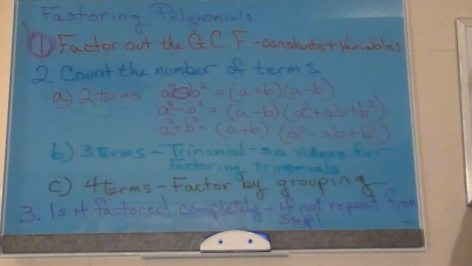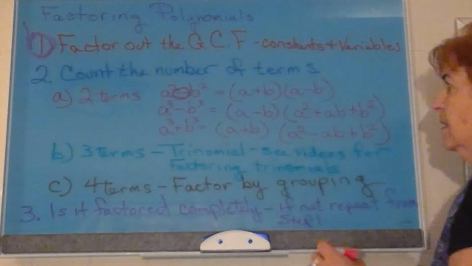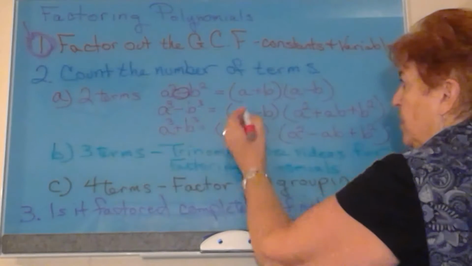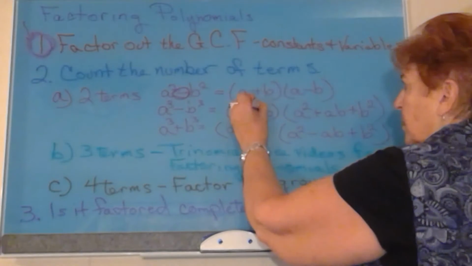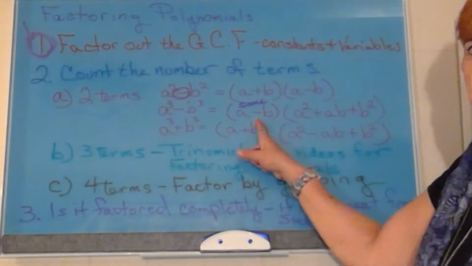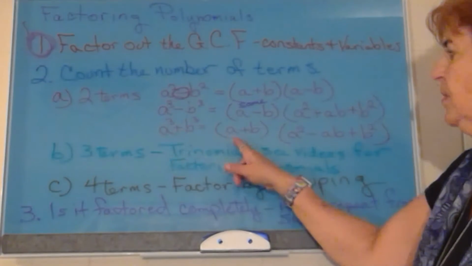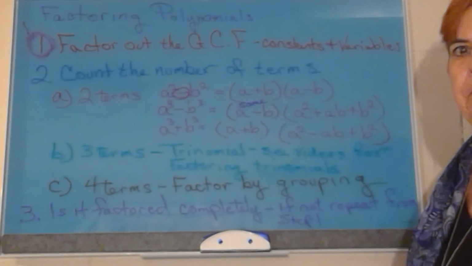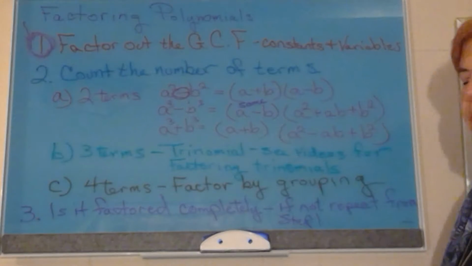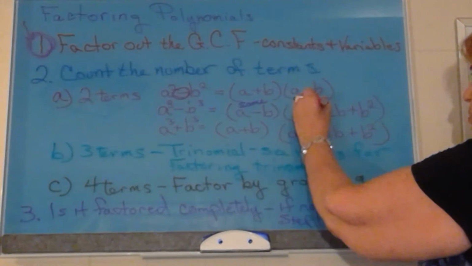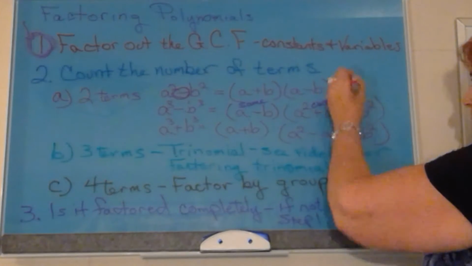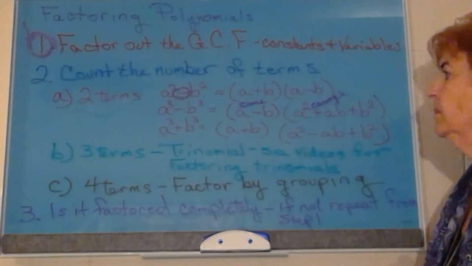And you may have already been shown how to remember the signs. The first sign is the same as what's in the problem. So if it's a minus there, that's going to be an a minus b. If it's a plus there, it's going to be an a plus b. Then I told you you've got an a squared. The second sign changes. It's the opposite of what was in the problem.